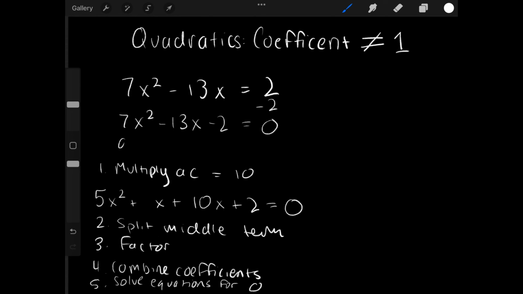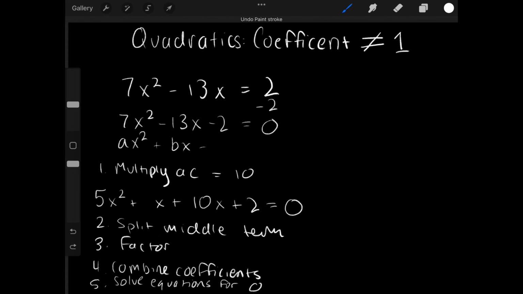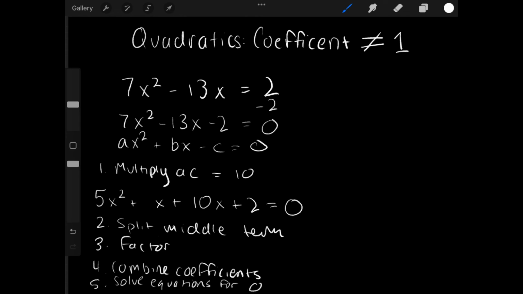So now we have ax squared plus bx minus c is equal to 0. So multiplying a and c, we get -14. The factors of -14 are 14 and -1, -14 and 1, 7 and -2, -7 and 2.